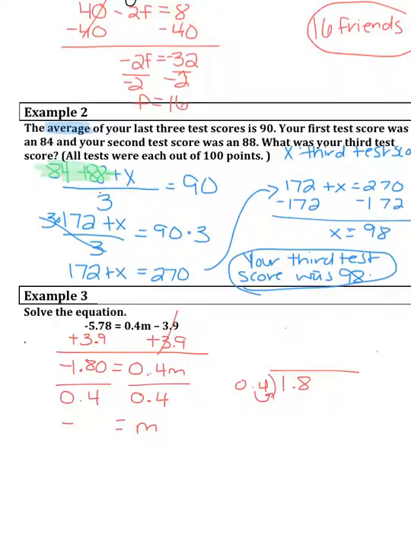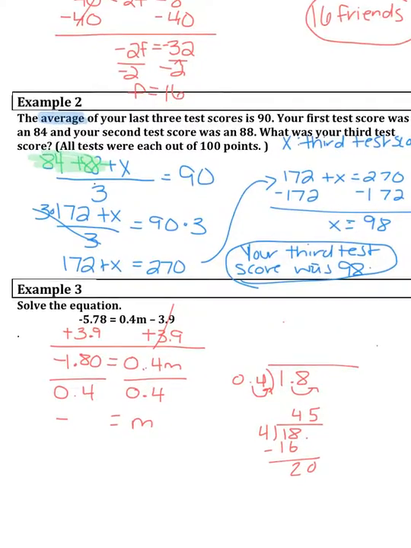Remember, we move the decimal point over to make the number on the outside a whole number, so it's really 18 divided by 4. 4 fits into 18 4 times, 16, subtract, 4 fits into 25 times. When you push that decimal up, it's 4.5. So our answer is m equals negative 4.5. Good. Let's do a couple more here.